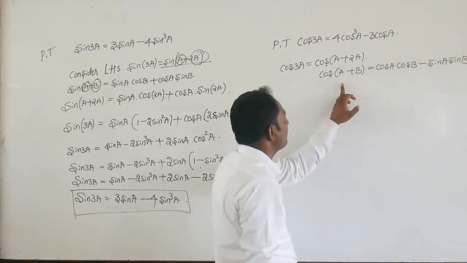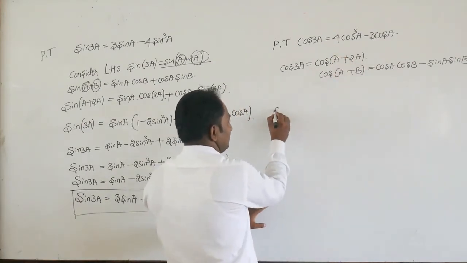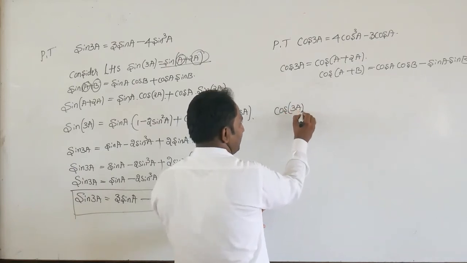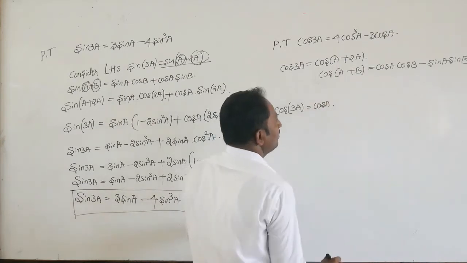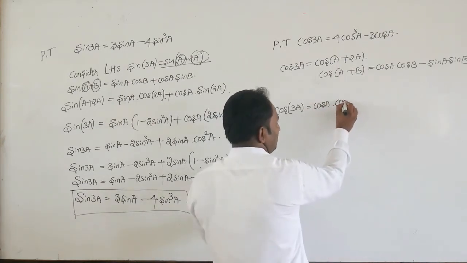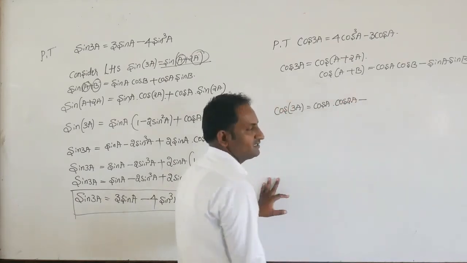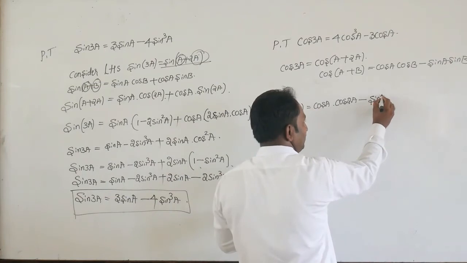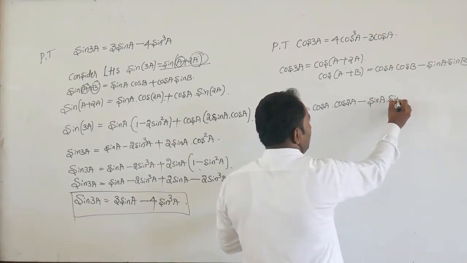Here in place of a is there, in place of b 2a is there. Then cos of a plus 2a, that is cos of 3a, is equal to cos a into cos b value, in place of b 2a is there, minus in place of a as this, then sin a value into sin b value.